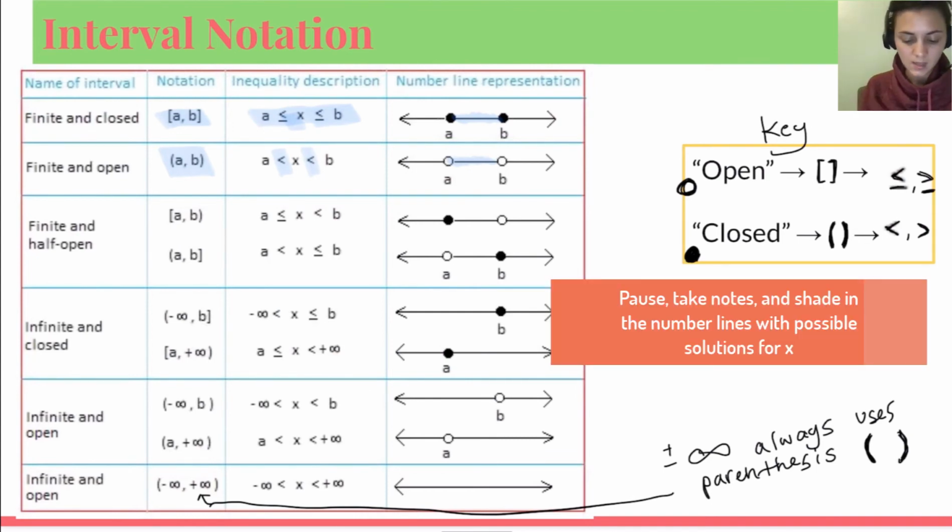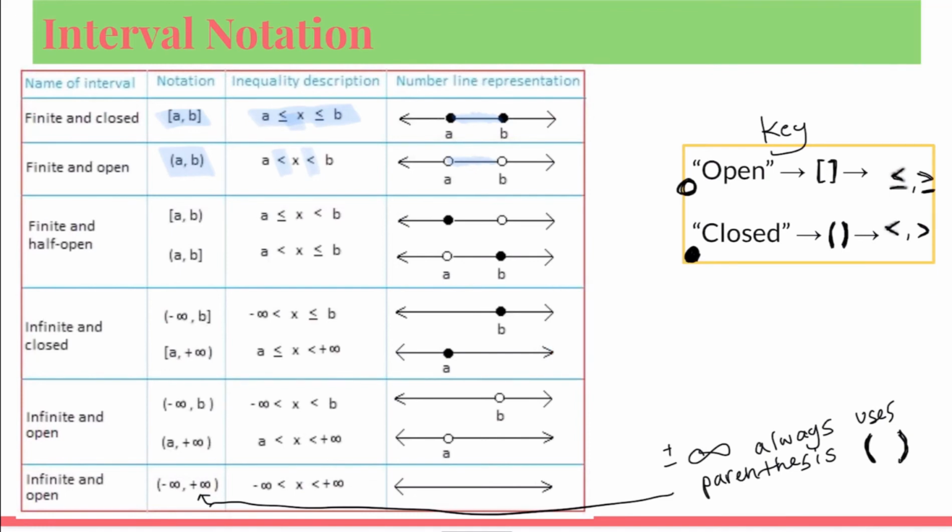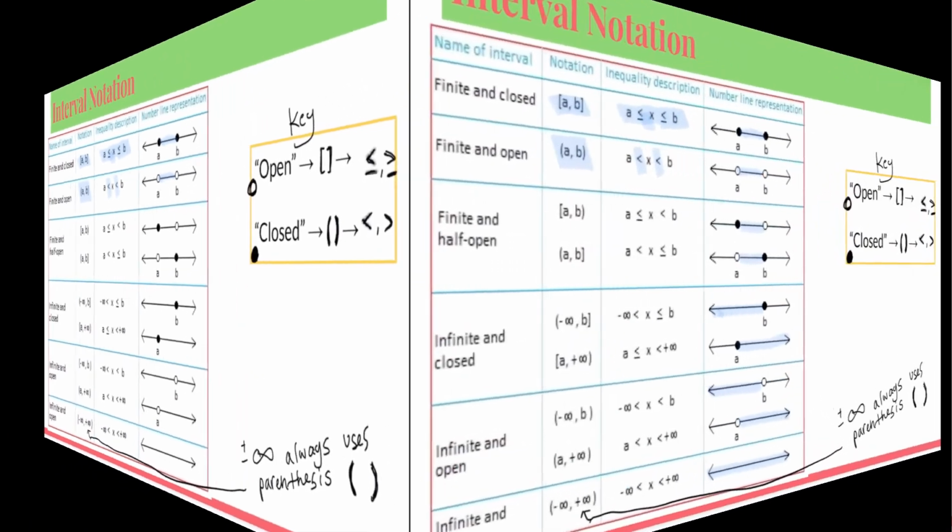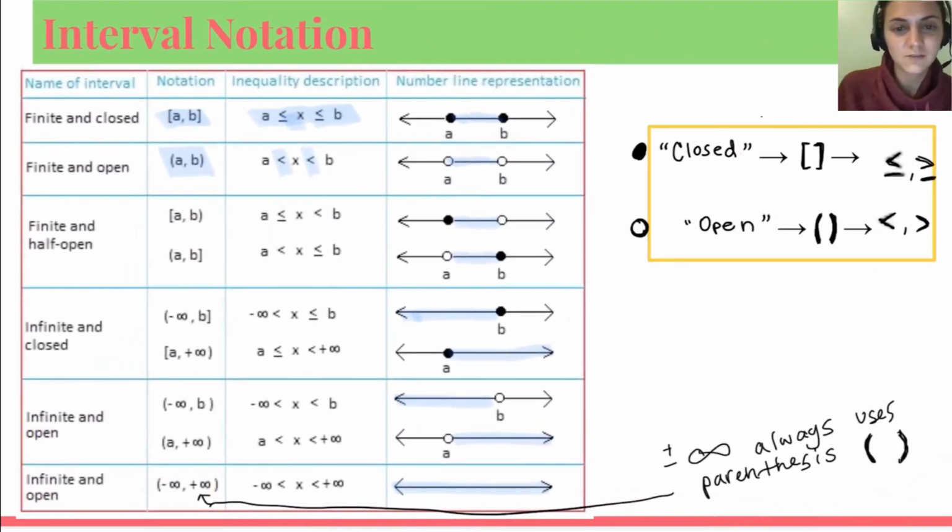Pause me, then we'll come back and I'll show you what the shading looks like. Okay, so here's how you should have filled in the number line representations, shading what the possible values are for x. Hopefully, if you're more familiar with inequality notation, you can become more comfortable with the intervals using parentheses and brackets.